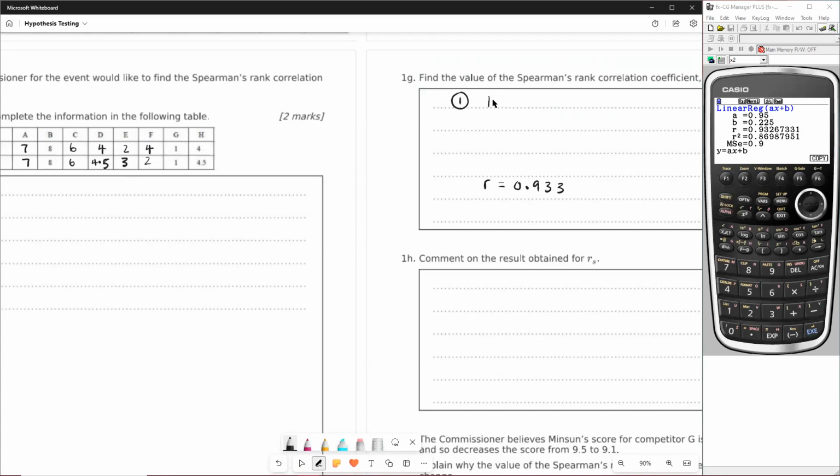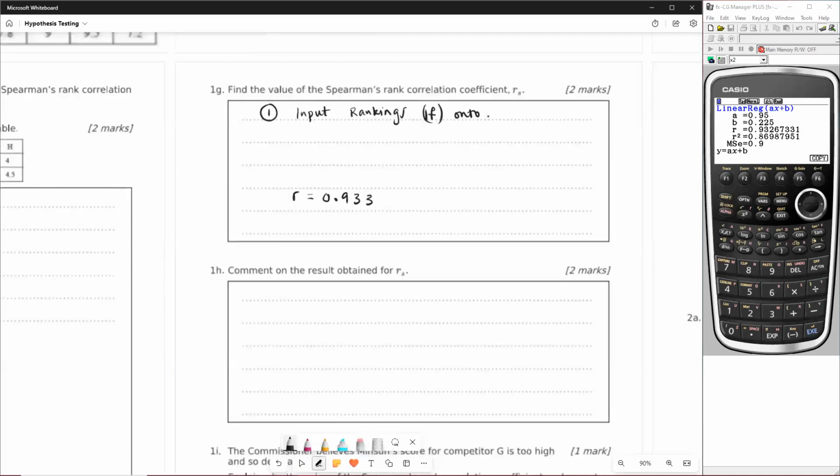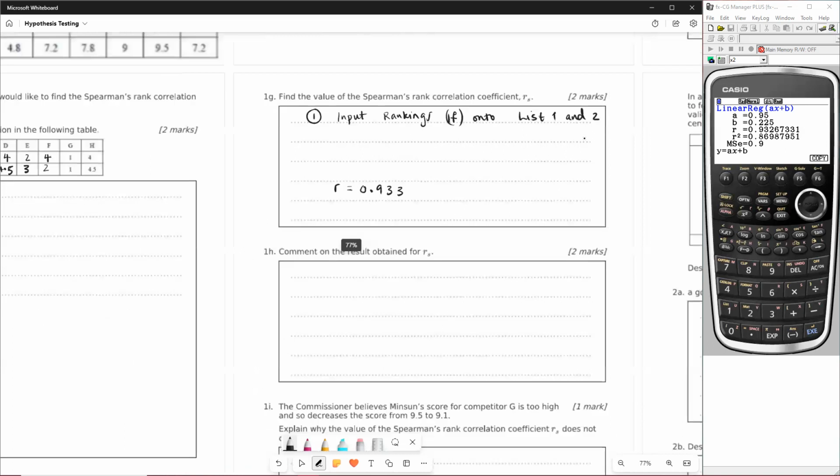So you put the input is the rankings, right? This time you input your rankings from question F onto list 1 and list 2. And then you put that onto statistics and you do the calculations just like we had done the product moment correlation coefficient.